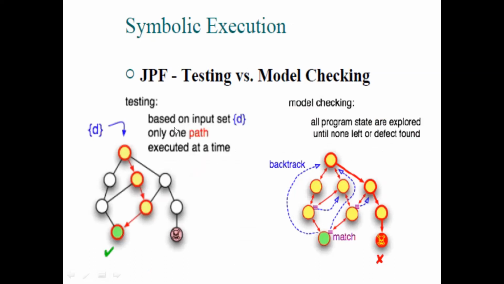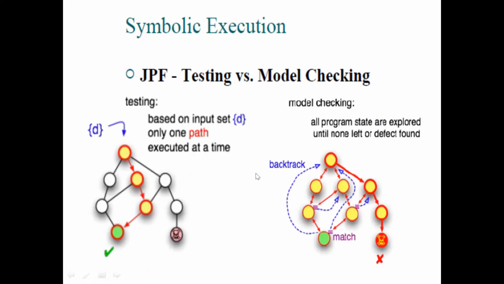Here, the testing is performed based on the input set D. Only one path is taken and executed at a time. While executing the code, this particular path is executed based on the constraints and it comes out. And in model checking, what we do is that all program states are explored until none are left or a defect is found.